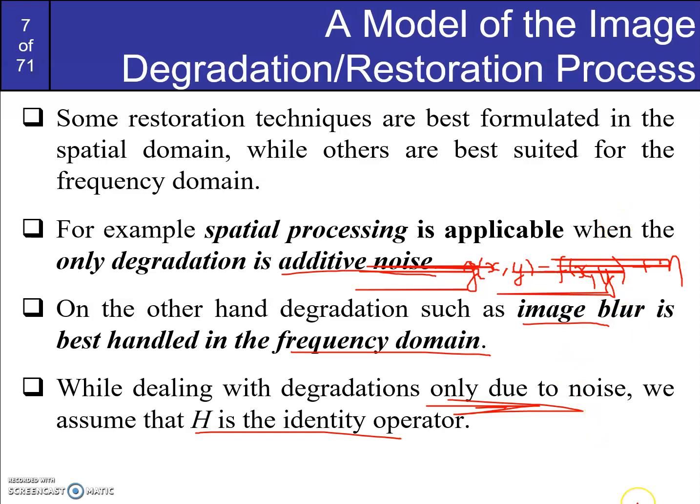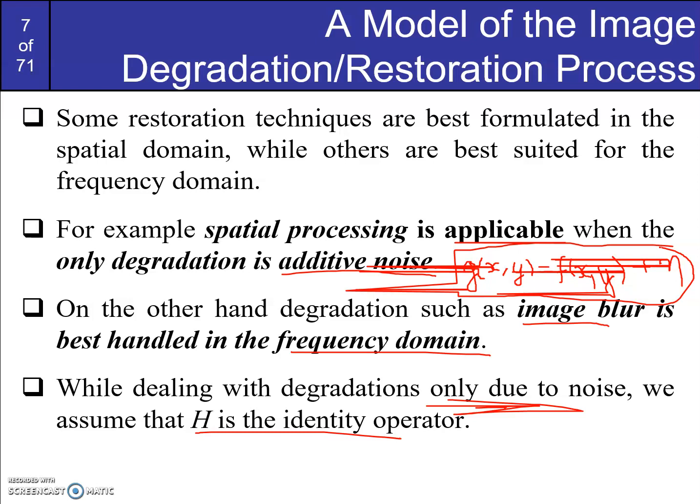Just keep in mind that since we'll be talking only about the spatial domain, you'll be seeing this equation mostly. We are not dealing with the frequency domain, so this lecture series which I'll be uploading further will not be able to handle the image blur case, because that is best handled in the frequency domain.